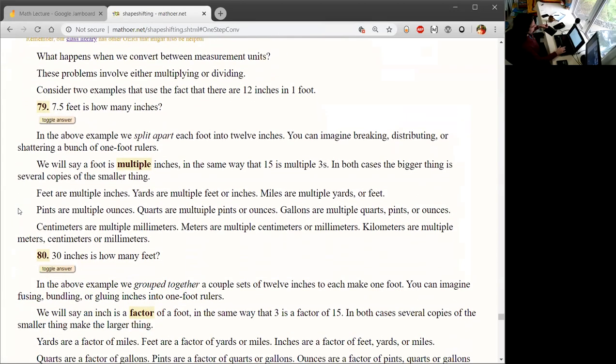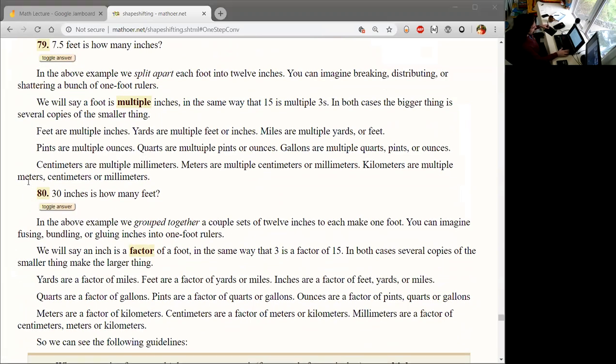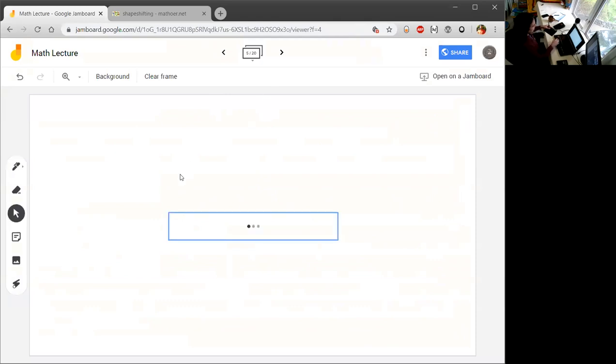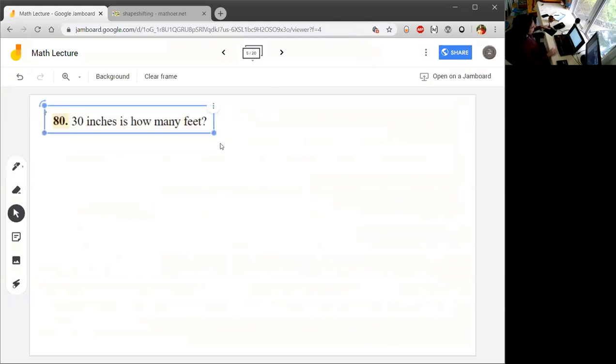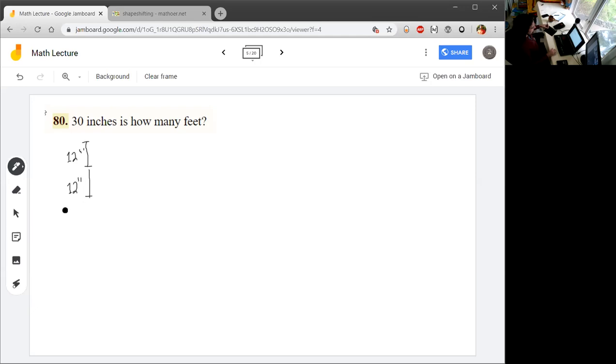If we do it the other way, 30 inches is how many feet? Then of course the opposite happens. I'm going to start by saying, here's 12 inches. Am I done with 30? No. Here's another 12. Now I'm up to 24.